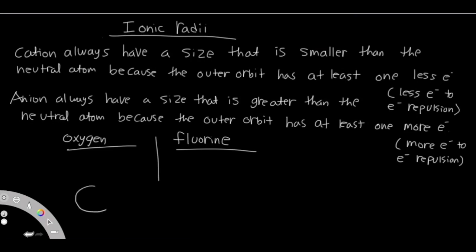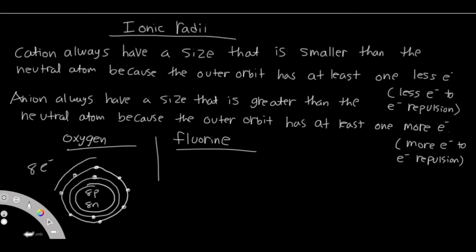Oxygen, proton number of 8, neutron number of 8. We got to draw 8 electrons. 1, 2, 3, 4, 5, 6, 7, 8.